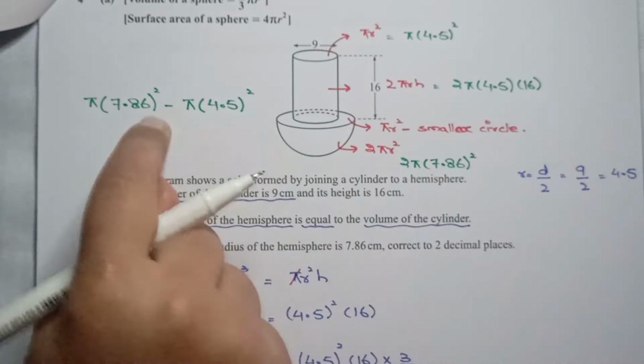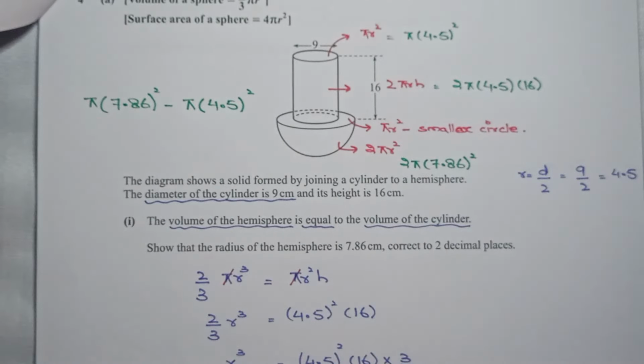Now we need to add all these four quantities to get the total surface area of this solid.